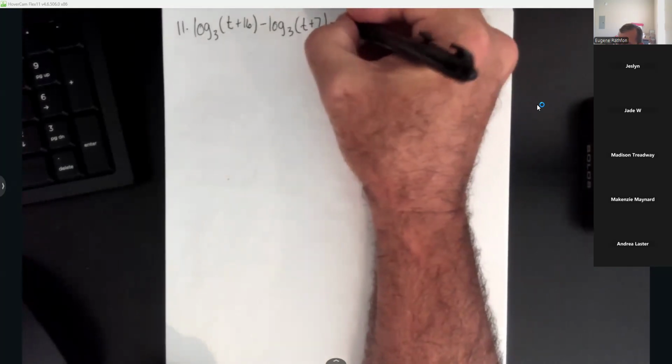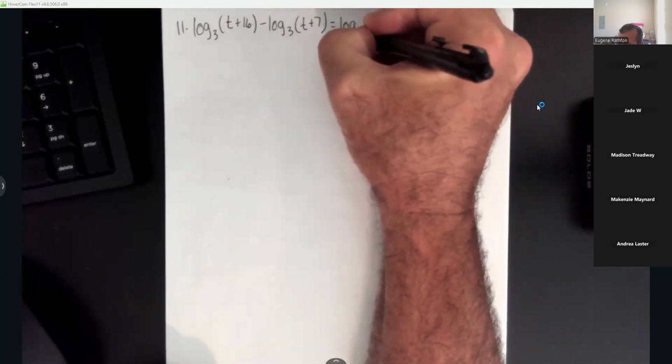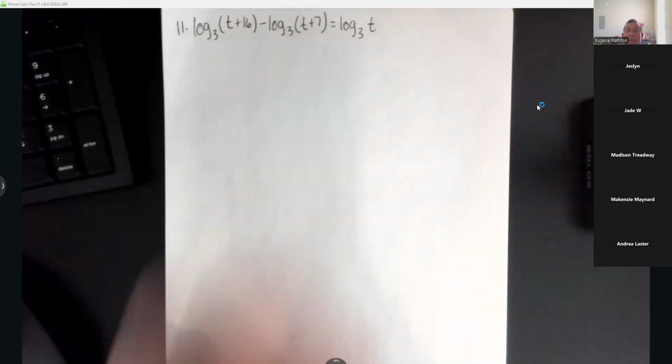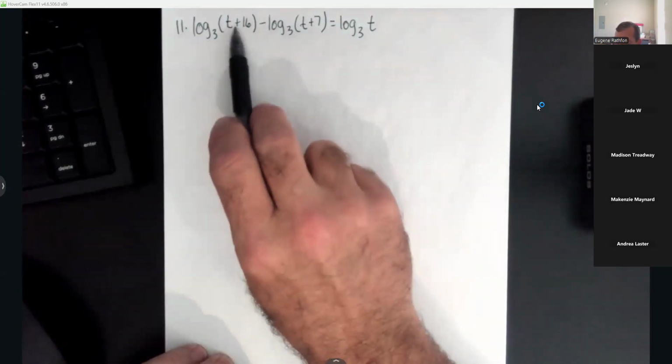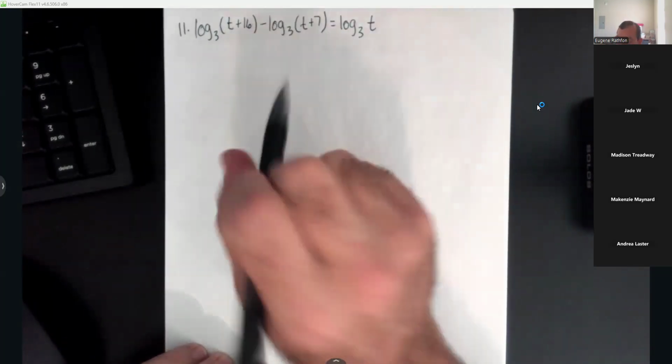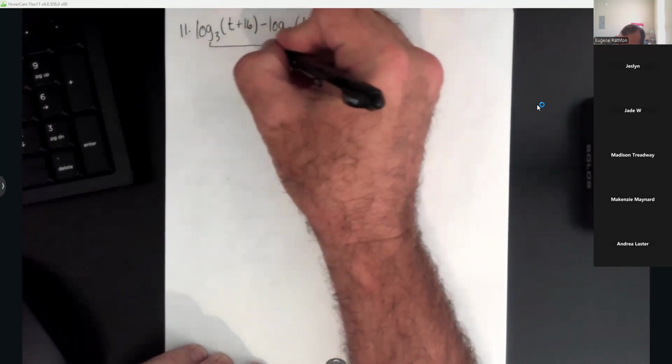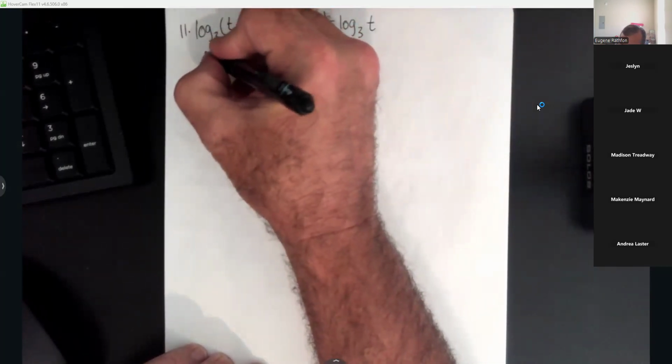All of that's going to equal a log base 3 of a t. So look, we got logs on both sides, but the first thing we got to do, we got two logs on this side, so we got to rewrite these as a single log.